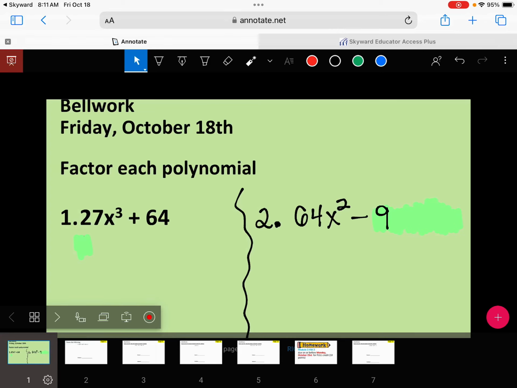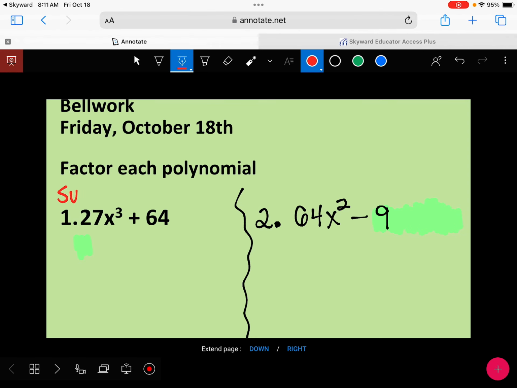The one that you see on the left, this is the sum of cubes. For this one, we're going to use the pattern A, B, A squared, AB, B squared. That's the sum of cubes.